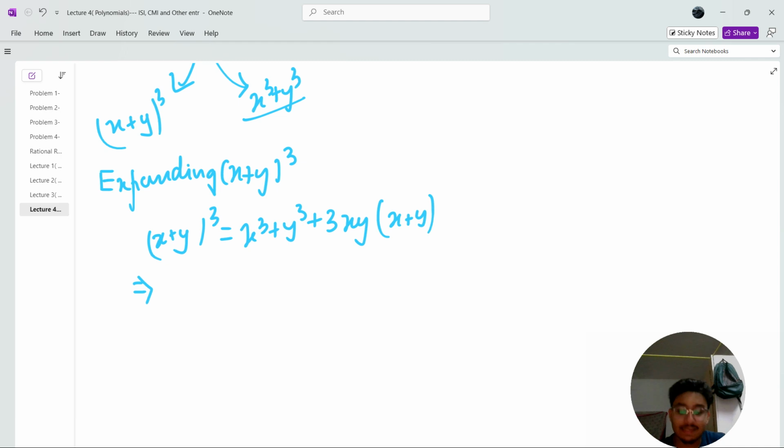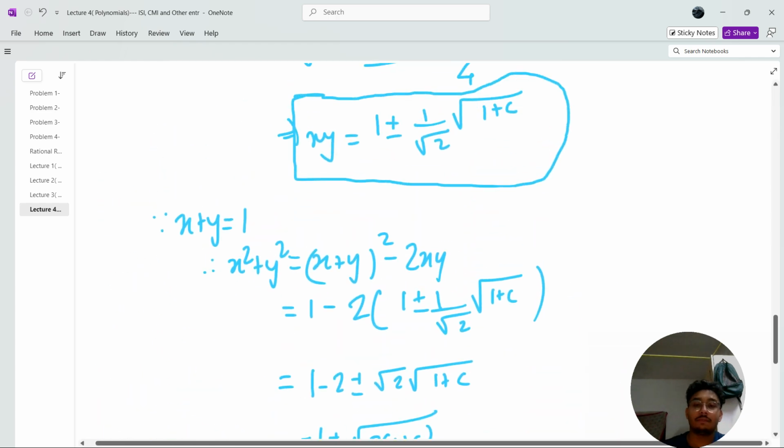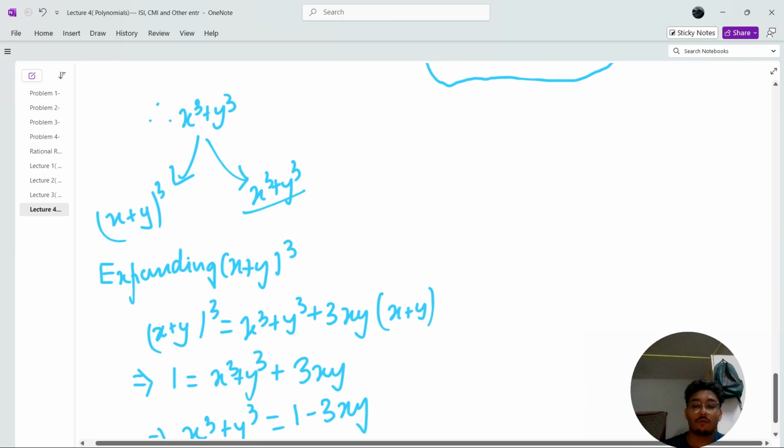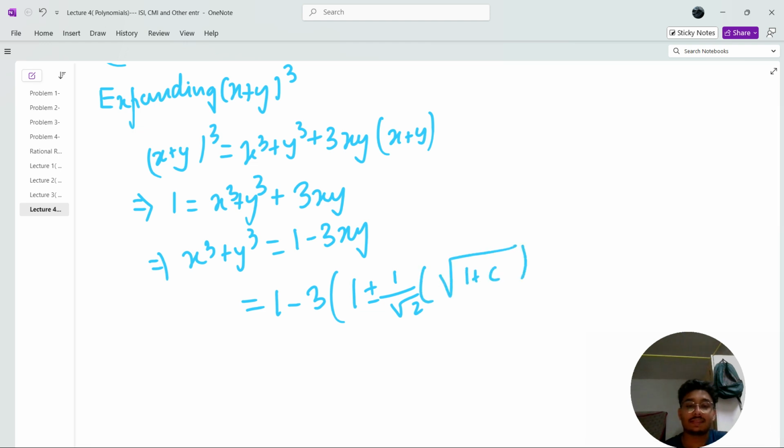My x plus y is known to be 1. So 1 is equal to x cube plus y cube plus 3xy, and my x plus y is also 1. Cool. So my x cube plus y cube is directly 1 minus 3xy, which is equal to 1 minus 3 times my xy, which had come out to be 1 plus minus 1 by root 2 into root over 1 plus c. So this was what my x cube plus y cube had come down to.